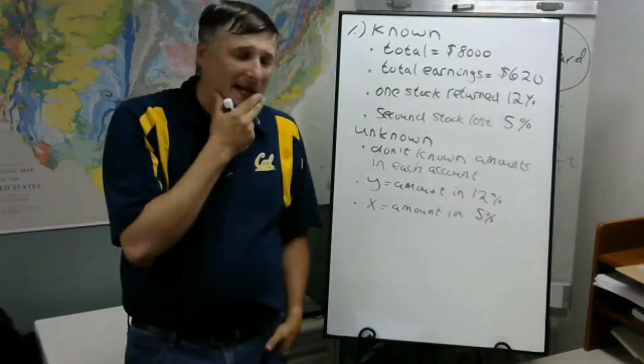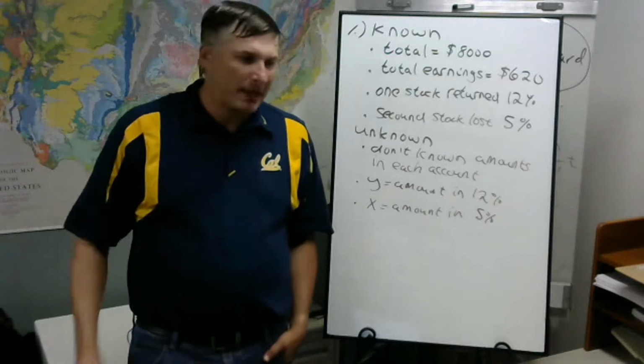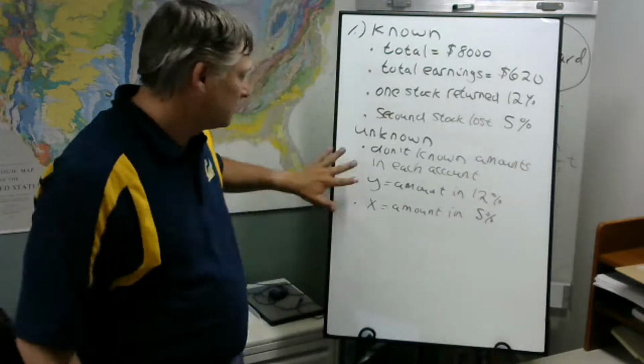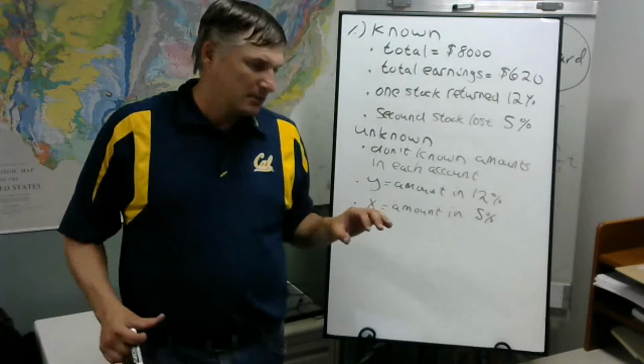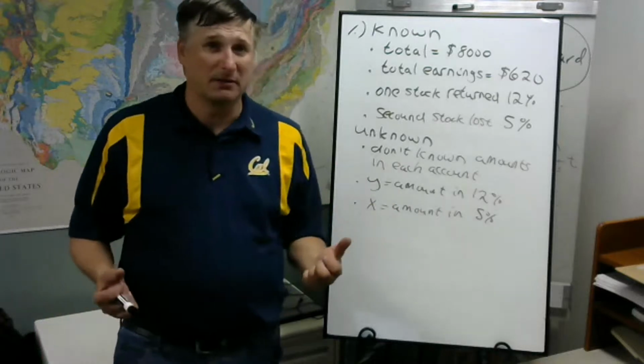If you approach it this way, you're going to end up getting what's called a system of equations, and that can be kind of complicated. There's a way of simplifying this.